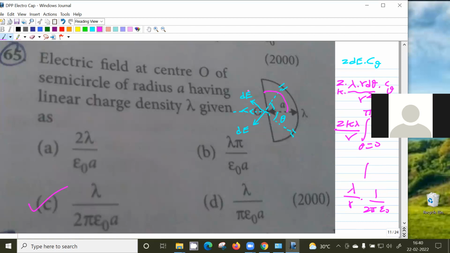R is actually A, the radius of this semicircle. So I have taken the contribution of this semicircle, right? What is the contribution of the line? 2k lambda by A. Lambda by R. So R is A, right?